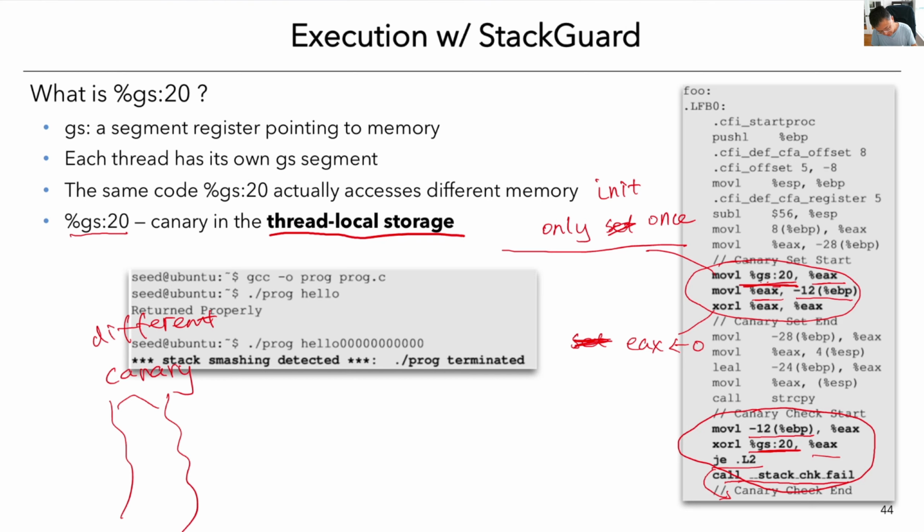Because the canary is a random number, make sure you have a high quality random number. Never use a constant for a random number.